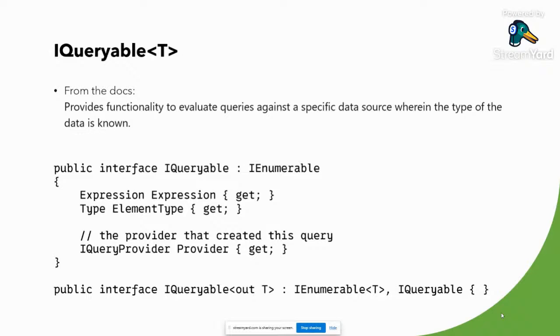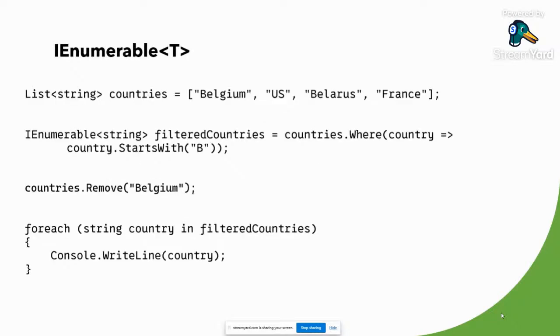I'm kind of like an entry-level developer, and I just wanted to make sure I understood. So with the enumerable, you said Belgium wouldn't be in there. Yeah. And that basically meant it was removed before it got to that point. Exactly. So just switch back to that slide. The filtered countries. Look at it this way.